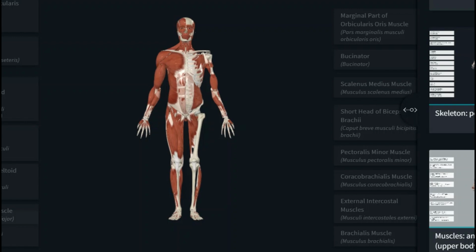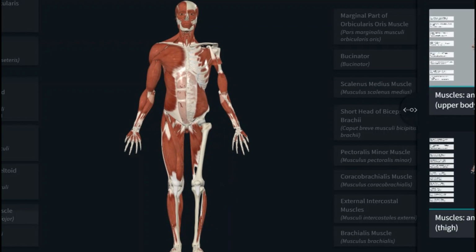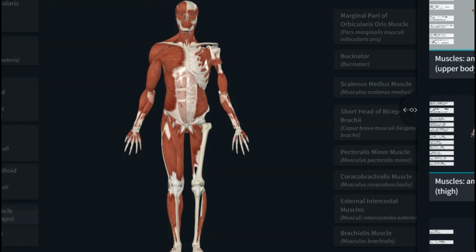I will show you all the 3D diagrams and images in this video lecture. Whatever topic I discuss, we will discuss it in the 3D imagination view. Here you can see the muscles of the anterior view. Here one part of the muscles is removed and only the skeletal part is showing.